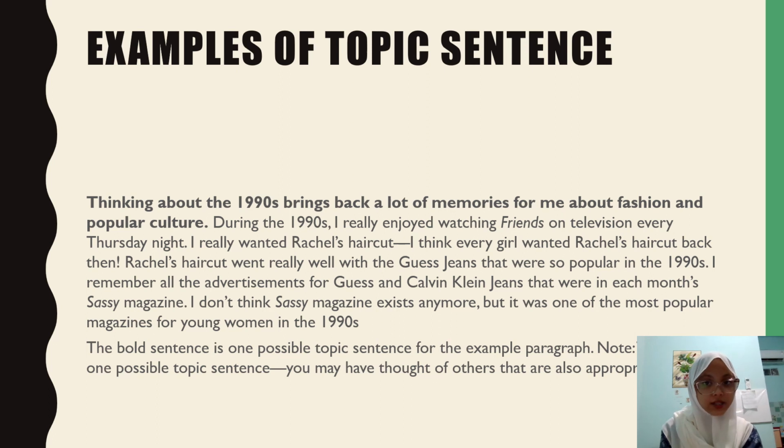If you have finished reading all the sentences below, the bold sentence is one possible topic sentence for the example paragraph. But note, it is just one possible topic sentence. You may have thought of others that are also appropriate. Okay?